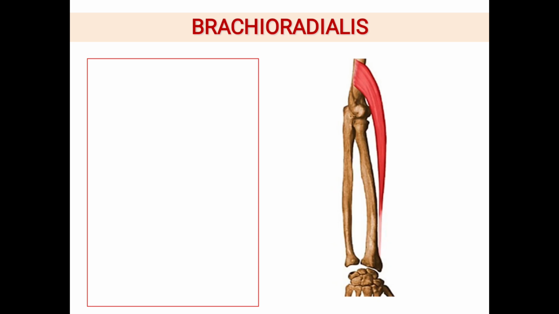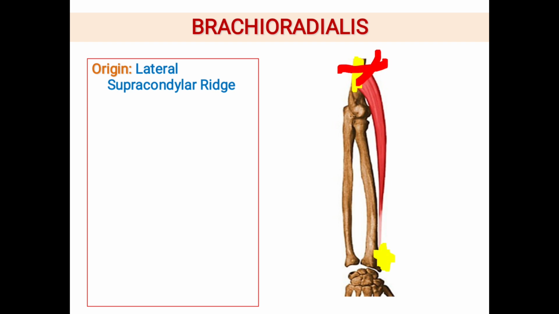Your brachioradialis has an origin at the lateral supracondylar ridge. I changed my ink into yellow so that you can see it. This is the origin and this is the insertion, that is your styloid process of the radius.